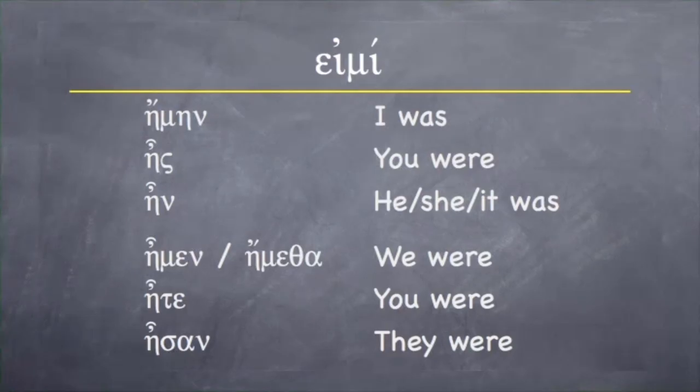En means he, she, or it was. In the first person plural, you have alternate forms. You can either have emen or emetha. Both mean we were. Emen occurs 8 times in the New Testament, emetha 5 times. So just alternate form, same meaning. Ete is you plural were, y'all were. And esan is they were.